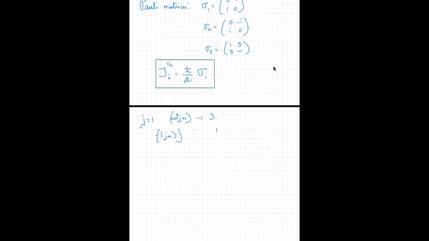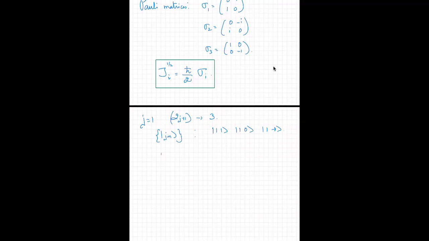J equal to 1 can correspond to an M value of 1, of 0, or of minus 1. That is all, nothing else, because M cannot be greater than plus J or less than minus J. So there are only 3 vectors possible, and you have to work out the matrix elements of J1, J2, J3 in this 3-dimensional vector space.